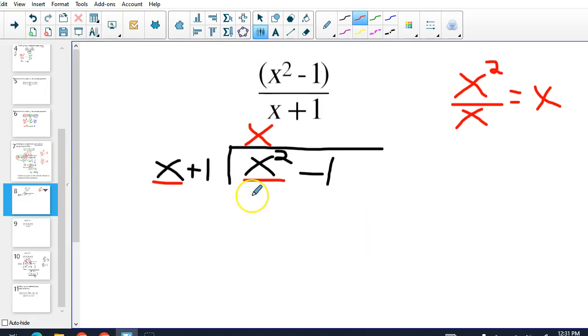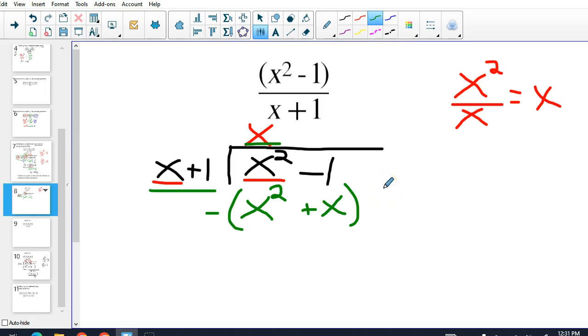Okay. Now, x times, I'll do it here. So the top number here times everything over here. So x times x gives us x squared. x times 1 gives us a positive x. And all of this is going to be subtracting.